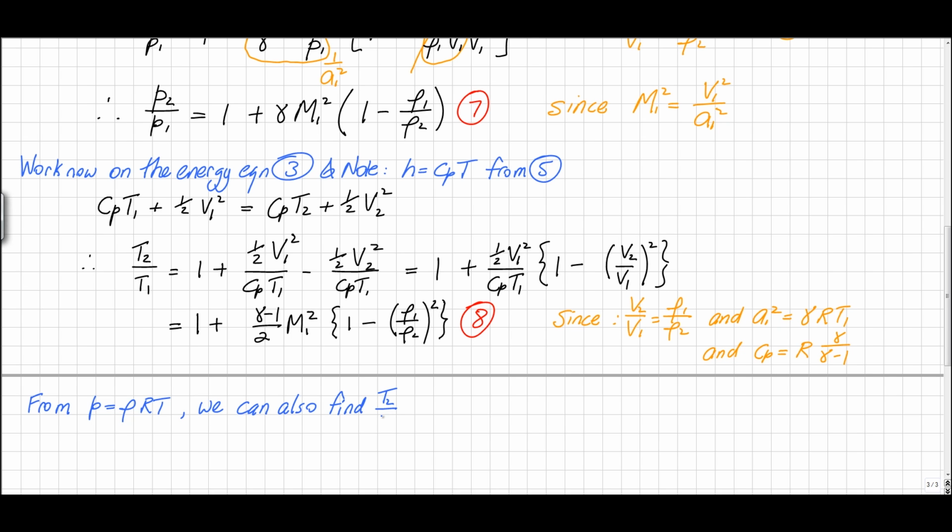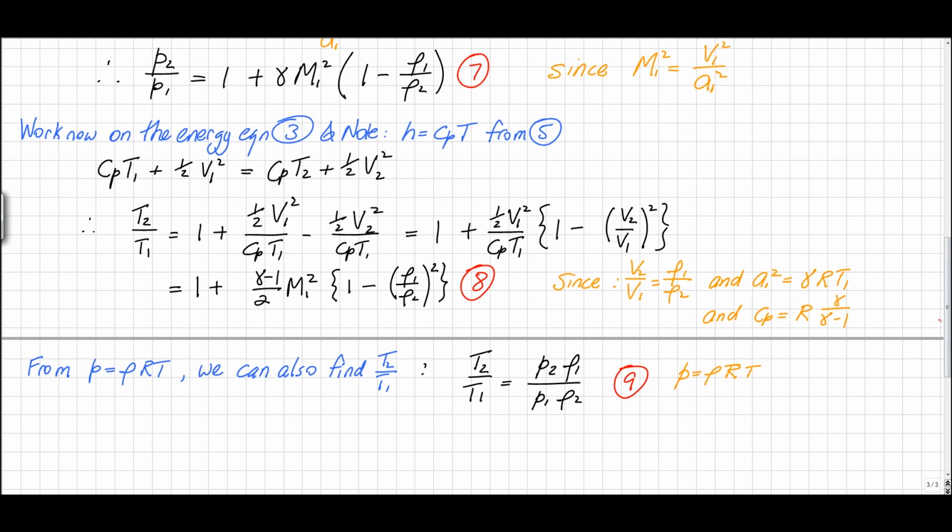We can write T2 over T1 is equal to P2 rho 1 over P1 rho 2, and this is just using P equals rho R T. We'll call that equation 9. So we'll keep going now. We've got a couple of expressions for T2 over T1 coming out there.